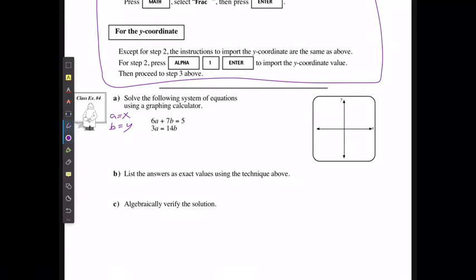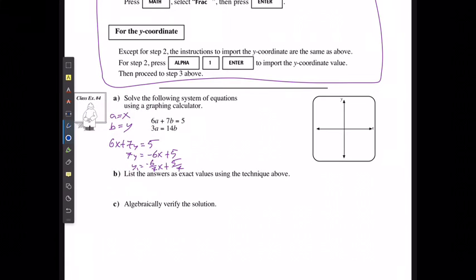Then I'm going to take my first equation and say, well, if my first equation is 6x plus 7y is equal to 5, then 7y is going to equal negative 6x plus 5, or y is going to equal negative 6 over 7x plus 5 over 7. And I'm going to call that my y1. That's what I'm going to graph into my calculator.